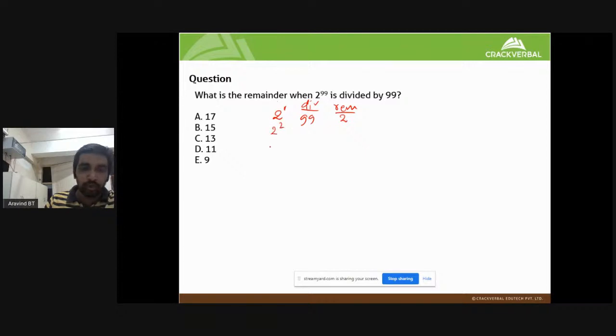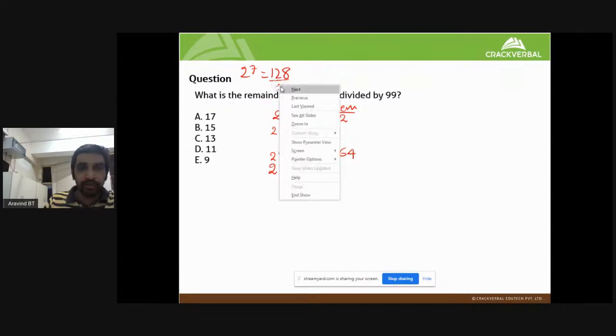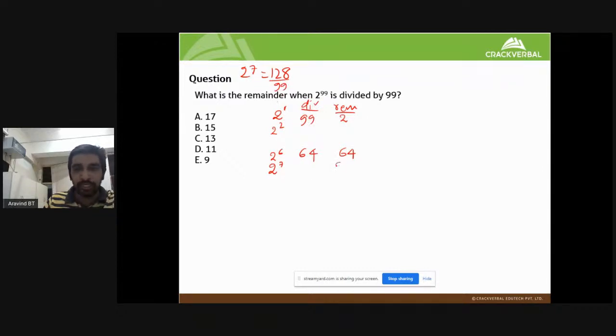We don't have to keep doing this continuously, because we know that 2 power 6 is 64. So the remainder till here will be 64 only, because the numbers are smaller than 99. It's only when we come to 2 power 7, right? What is 2 power 7? 2 power 7 is 128. Now, if you divide 128 by 99, your remainder will be 20.